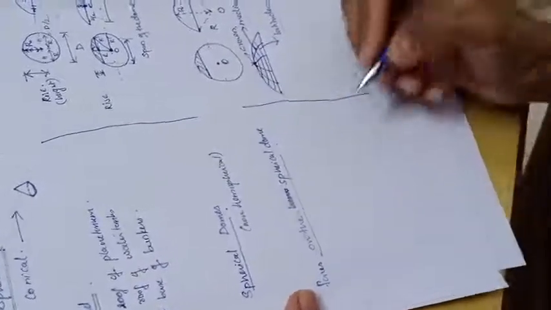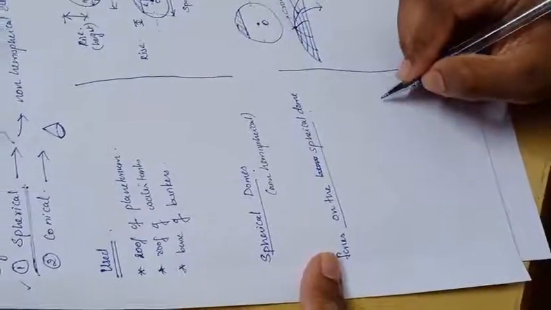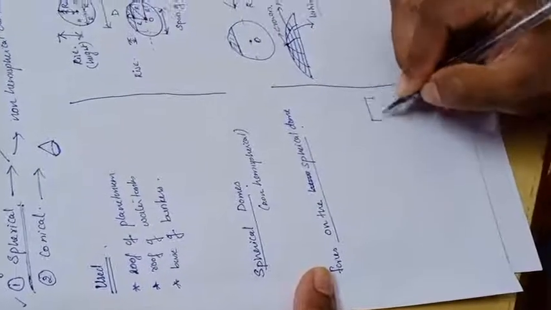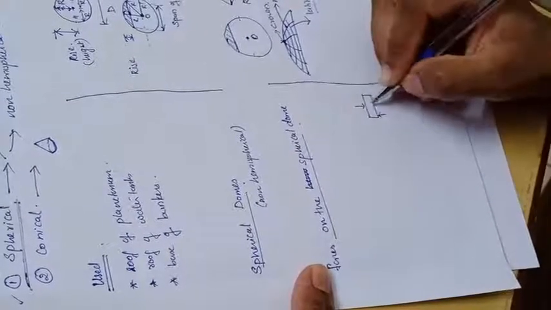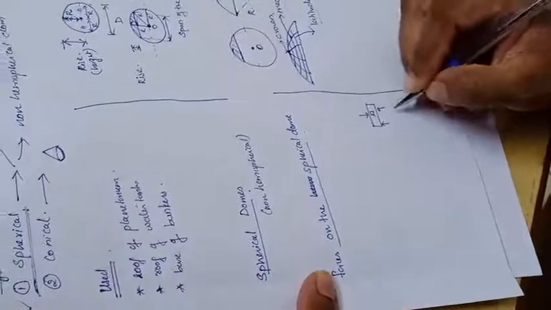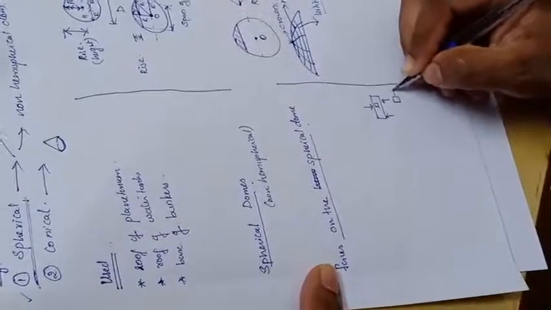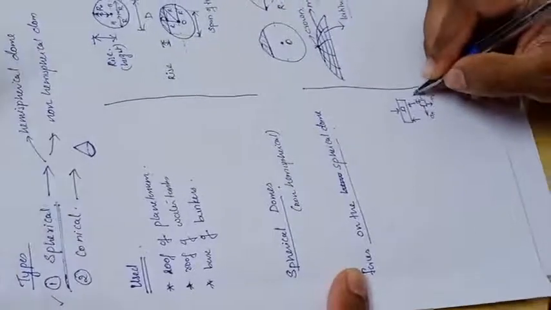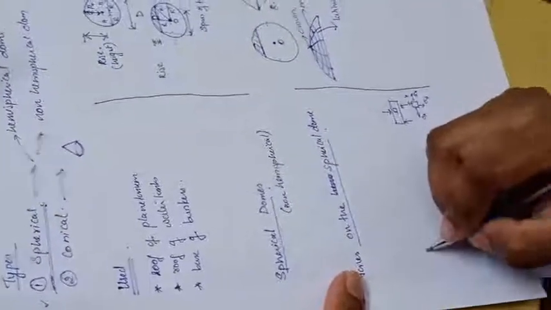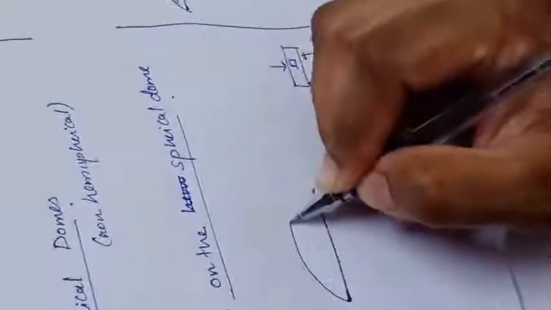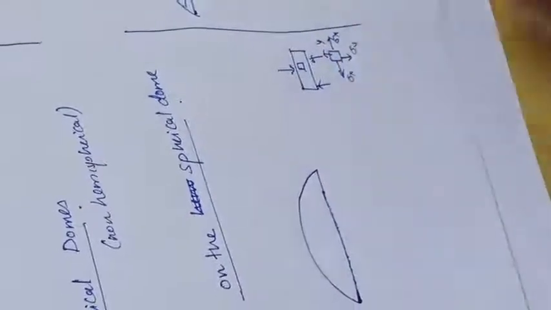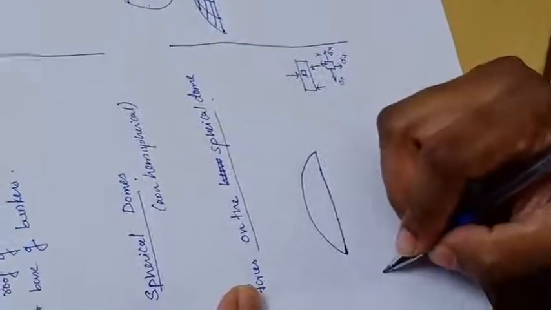Usually, when you are considering a beam which is being subjected to bending, if we take a small element over there, we can say that there will be stresses in x and y directions. Let me call these sigma x and sigma y. Likewise, when you are considering spherical domes, we will have two forces.